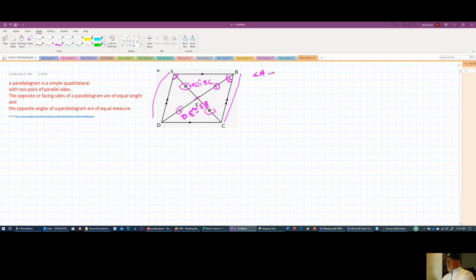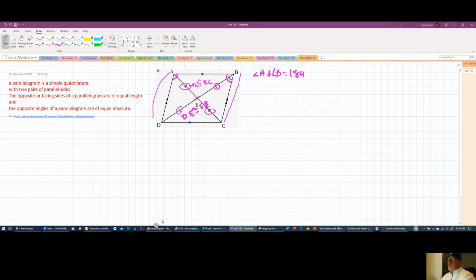So angle A plus angle B equals 180, and B plus C equals 180, and C plus D equals 180, and D plus A equals 180. So essentially what we're going to be doing is some algebra based on these assumptions.